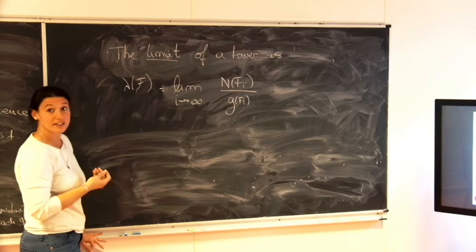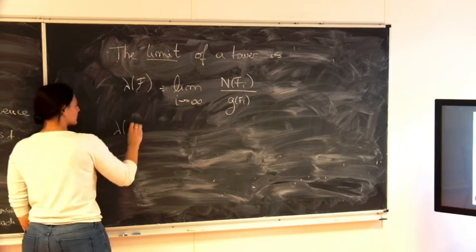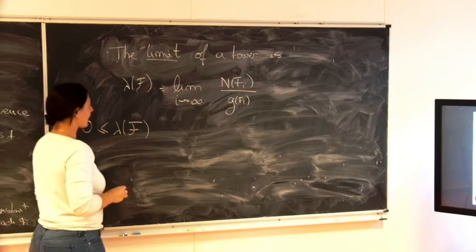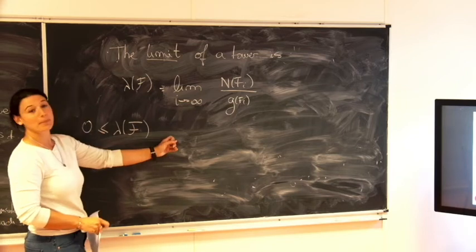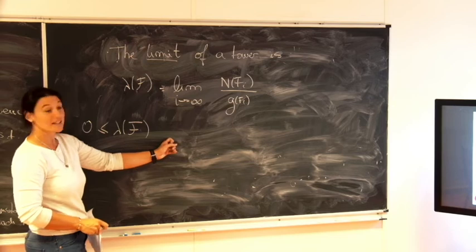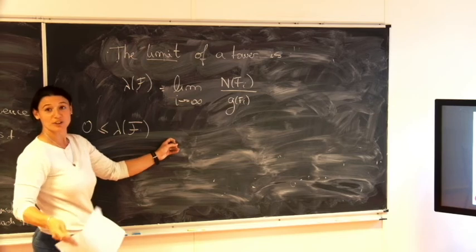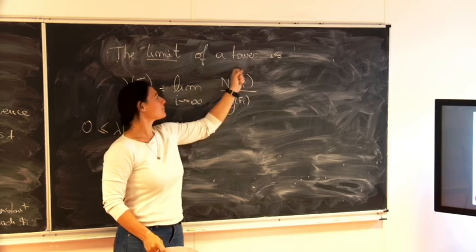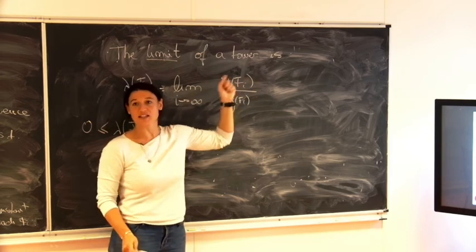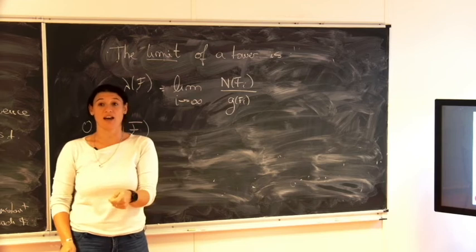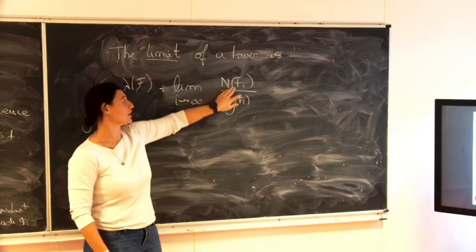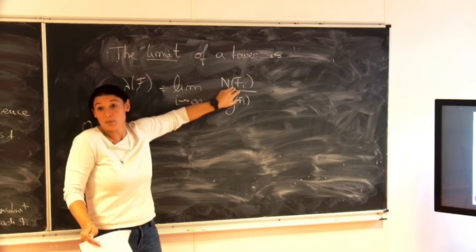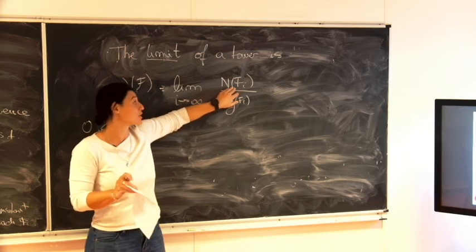And of course, this limit is always bigger or equal than 0. And a natural upper bound for this limit is the Ihara constant. Because for the Ihara constant, we were looking at the maximum number of rational places that a function field of genus g can have. And here we are not taking the maximum over all the function fields, but we are taking the number over one function field over a finite field.